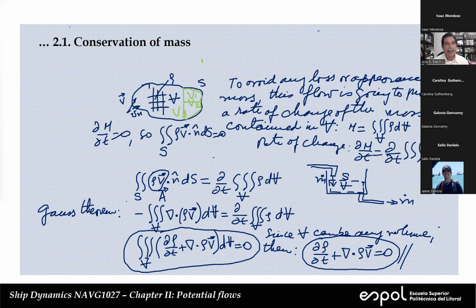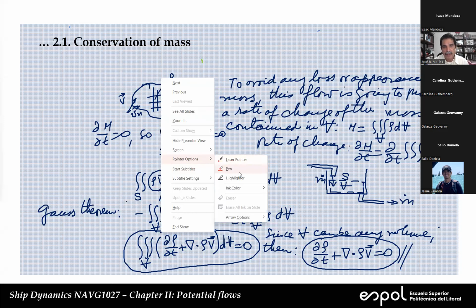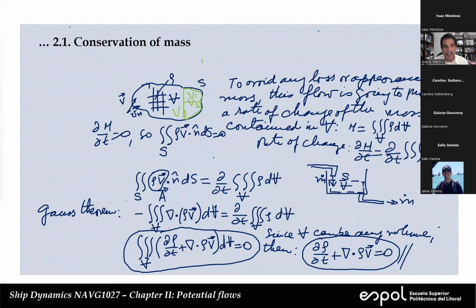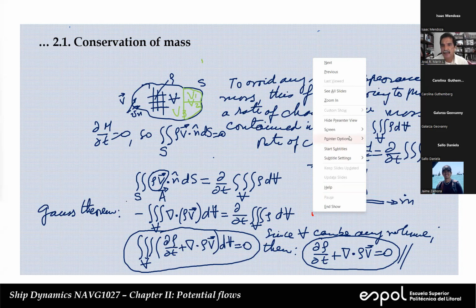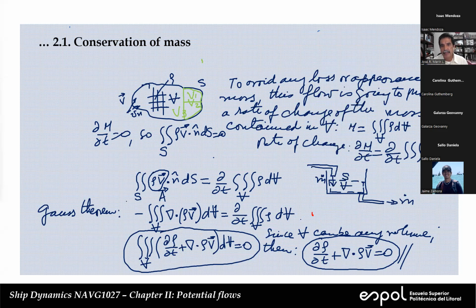So, okay, people, we're going to continue to complete this deduction. So we have two expressions for the conservation of mass. One is the integral form, the other is the differential form. Let's work with the differential form just a little bit and see can we get something else.